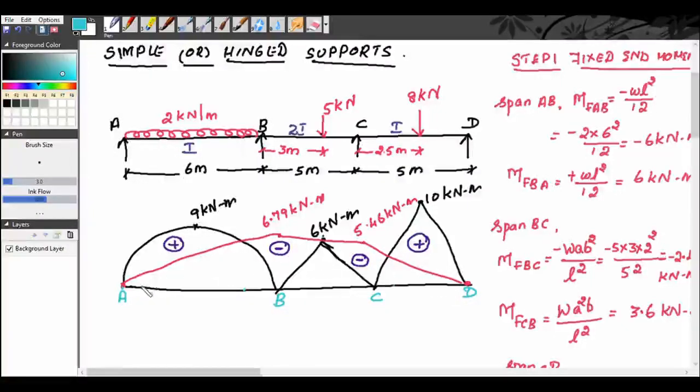So now we will mark the positive moments and the negative moments. In these portions you have positive moments, and in the intermediate portion you have negative moments.